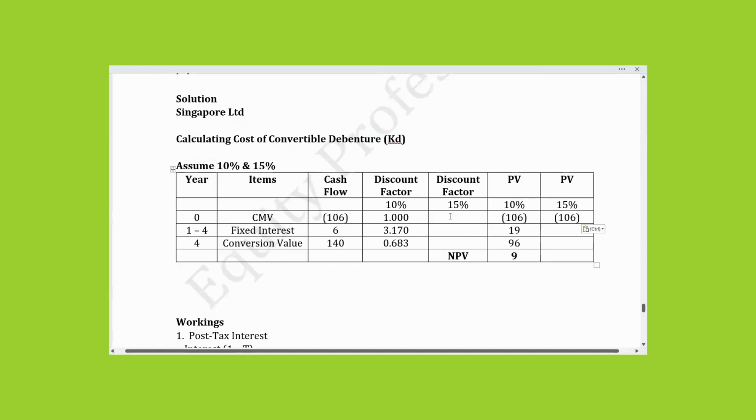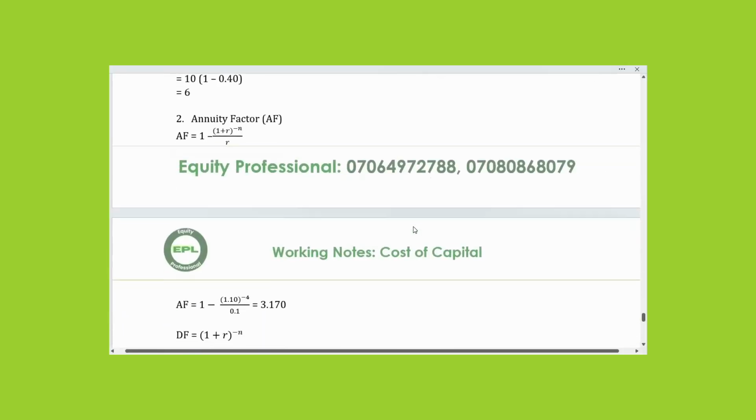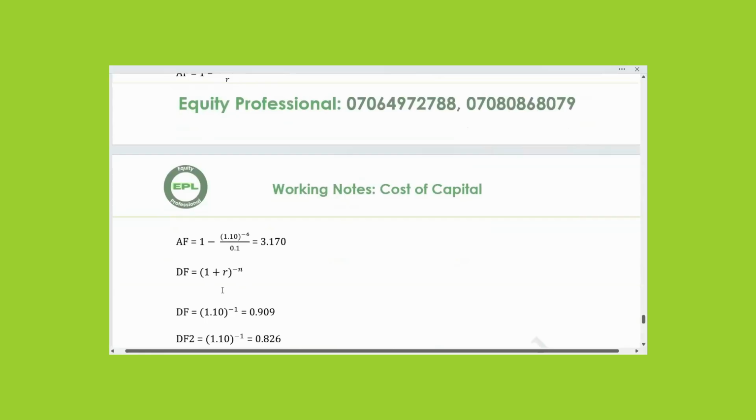So we need to go and calculate the annuity factor at 15% for year 1 to 4. Can one of you do the calculation at your end? What is the answer? Annuity factor of year 1 to 4 at 15%. Are you there with me?